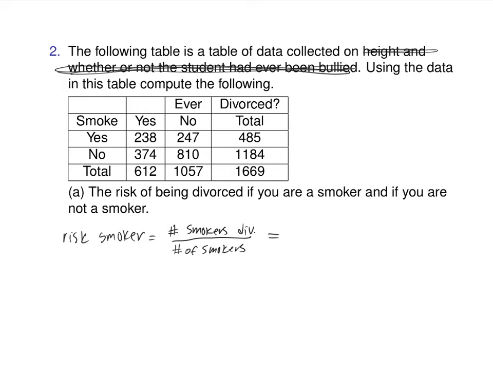So how many smokers had been divorced, out of the total, and that should give you 0.491.